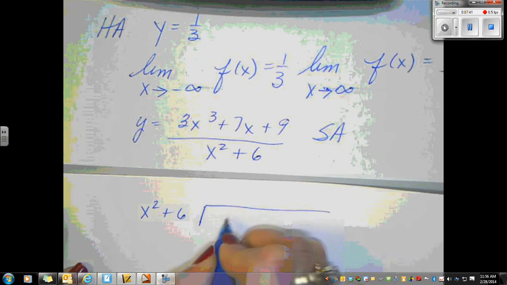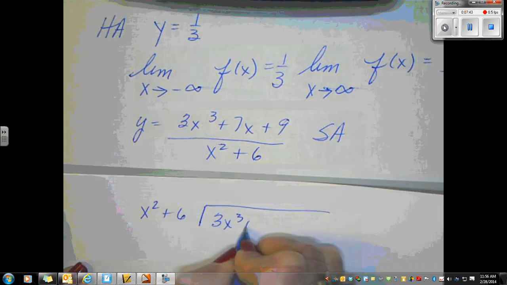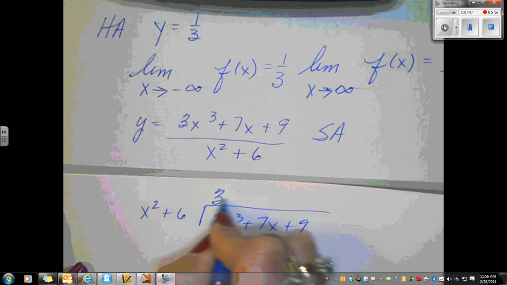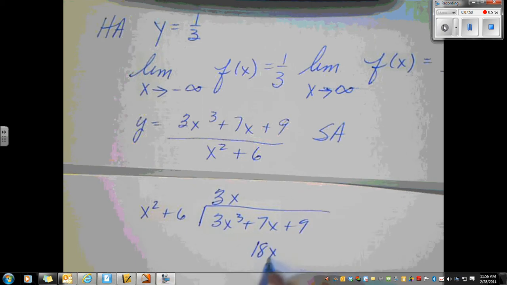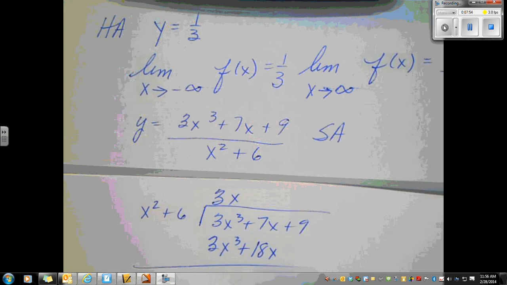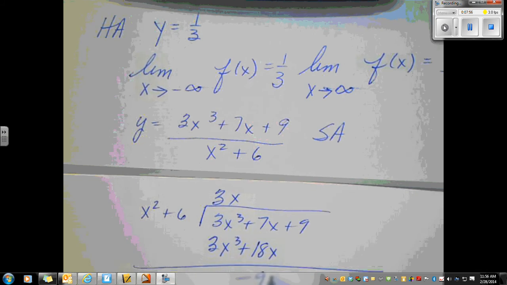So we have x squared plus 6 divided into 3x cubed plus 7x plus 9. 3x times x squared plus 6 would be 3x cubed plus 18x, subtracting. Right?